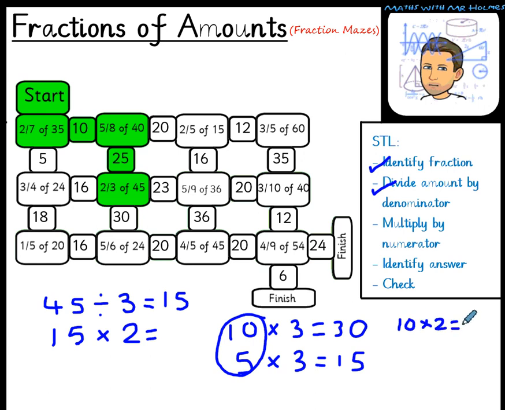It gives us 20. And then we've got 5 doubled, which would give us 10. And so altogether, that would give us 30.